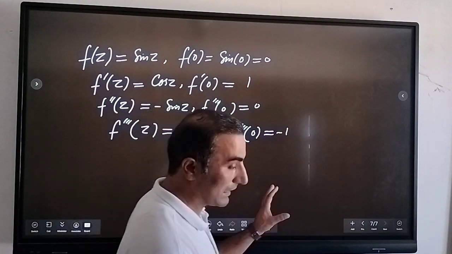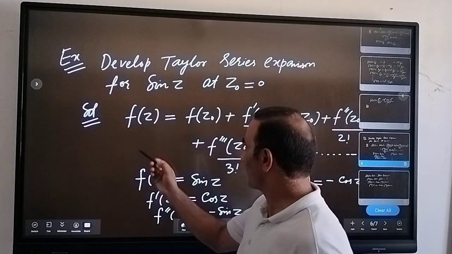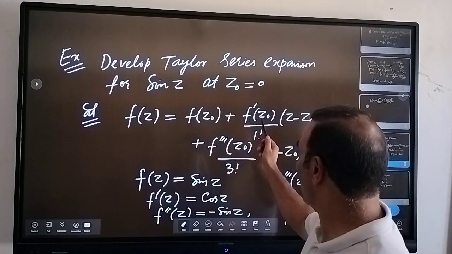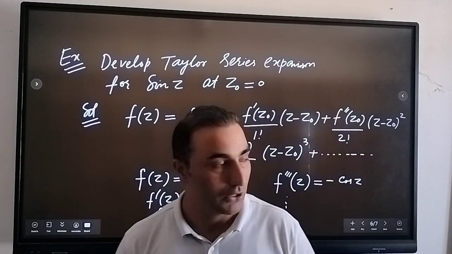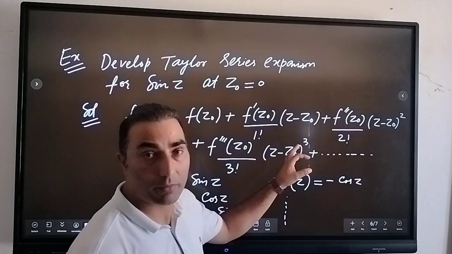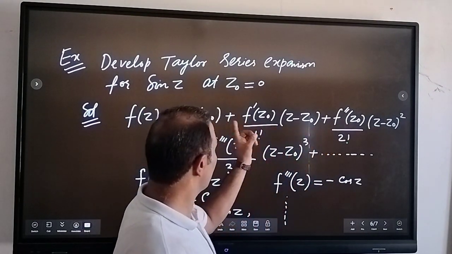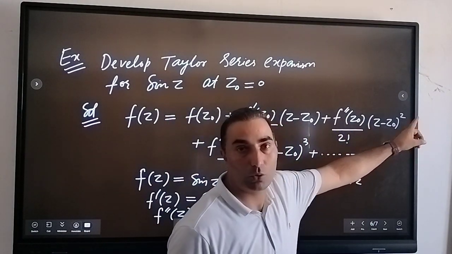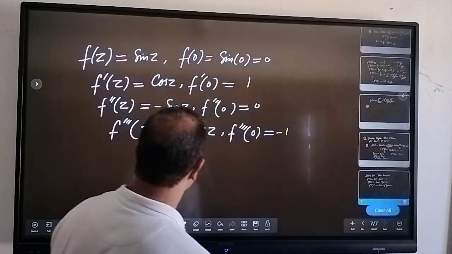Okay. So let's use it. We have to use these values in this expression because we calculated f of z0 and similarly we calculated f dash of z0 and the second and the third derivative, right? So let's use it in this expression and remember one more thing, that our z0 equal to 0. So it will be simply z minus 0 and similarly z minus 0 whole square, right? And so on, right?